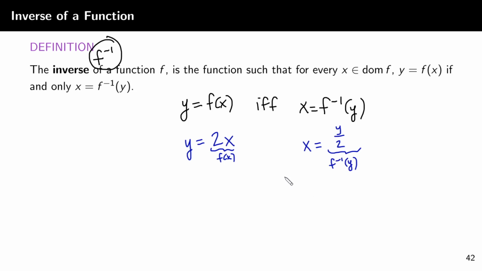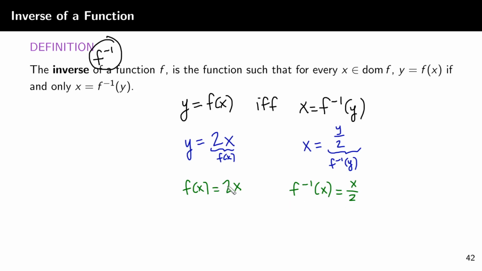Now, another way of looking at this is this way. Suppose I have f of x equals 2x, and then my inverse is f inverse of x, which is equal to x over 2. Admittedly, medyo weird ito kasi yung y, which is our independent variable, siya na ngayon yung nasa loob nung inverse. But let's look at it this way.